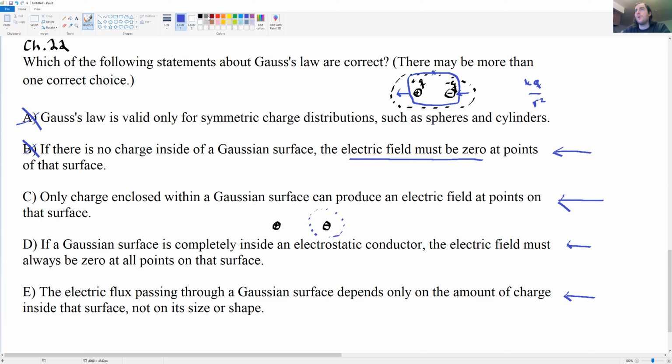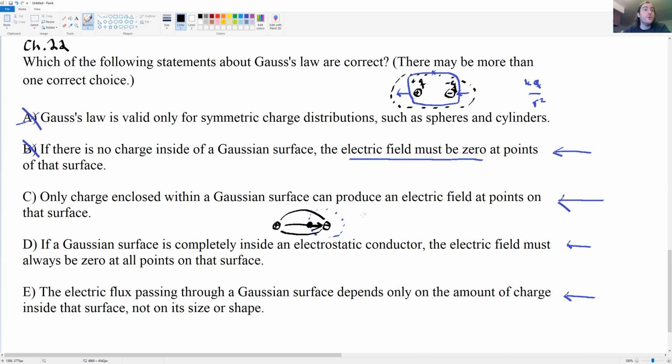But of course, we know that the electric field lines of the dipole look something like this, right? And so at this point right here on the surface, the electric field is the sum of the contribution from the positive charge outside of the surface and the negative charge inside of the surface.